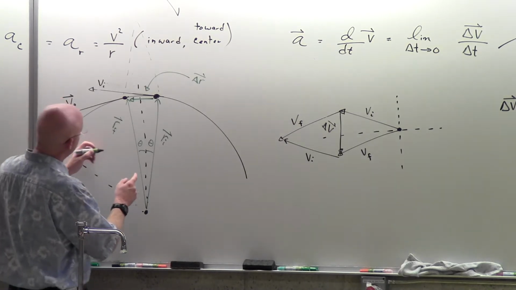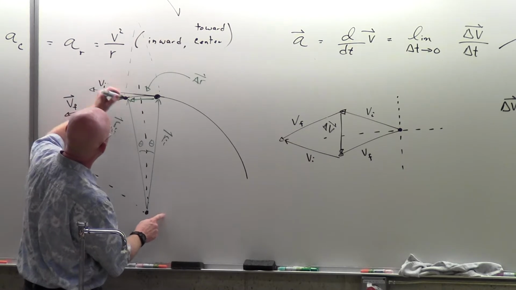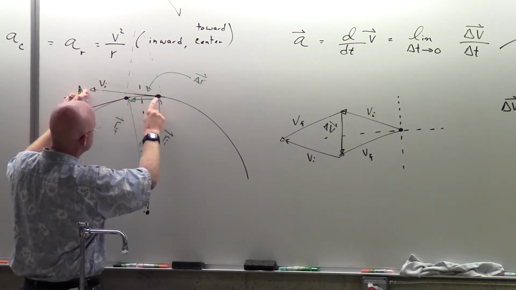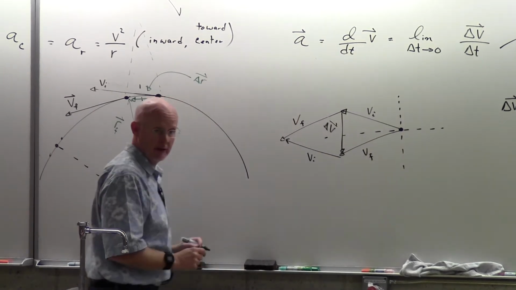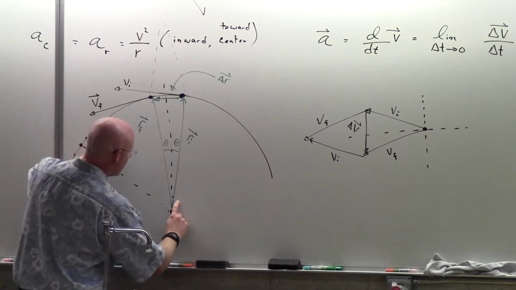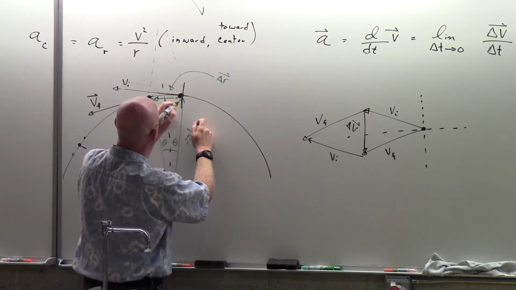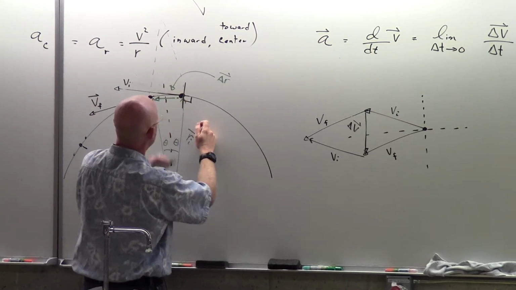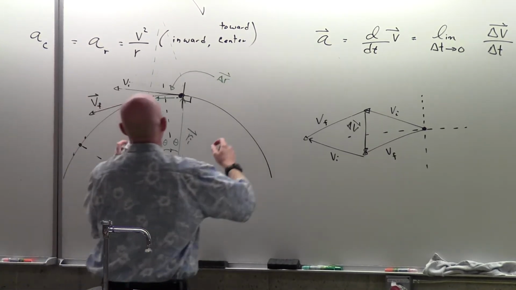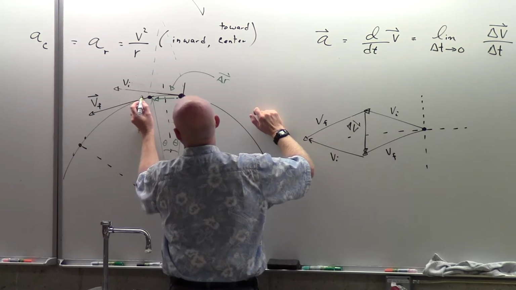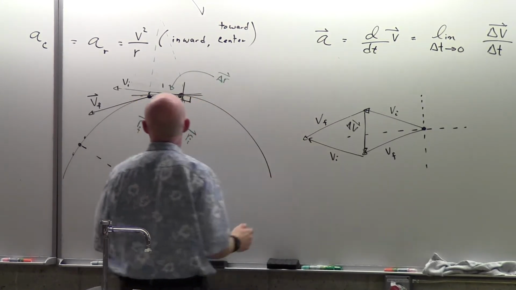Maybe you'll see it a little better right here. If you remember, this right here is representing that vector, and so the radius comes out and would touch this perpendicular. A line that is level across here is going to have a small angle.